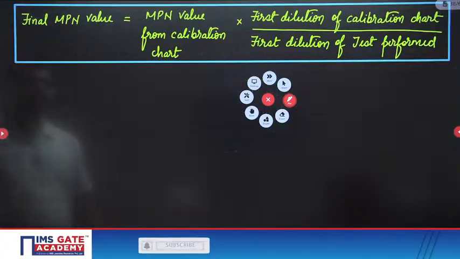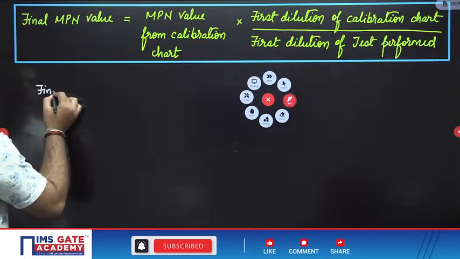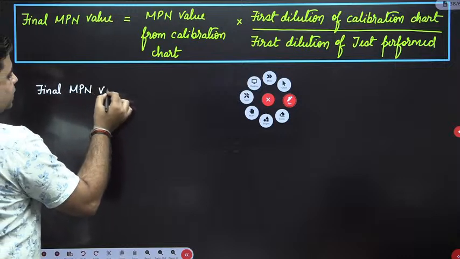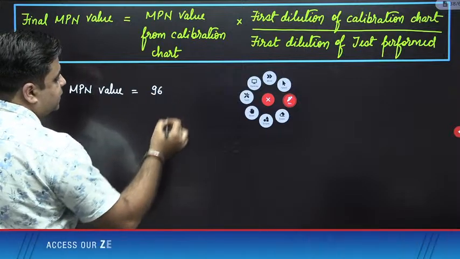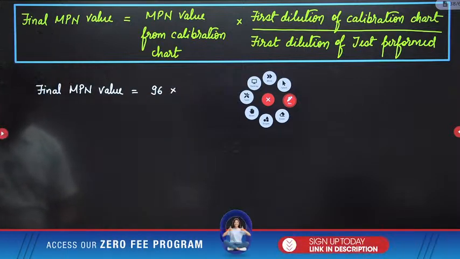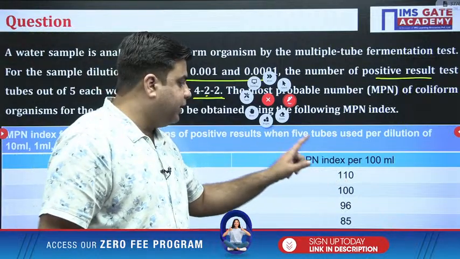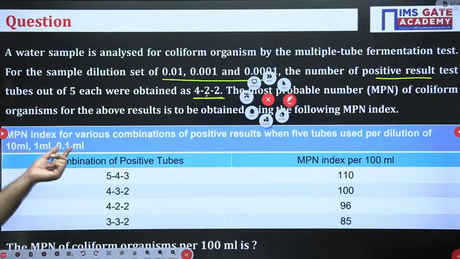So I will simply write down, final MPN value is equal to the MPN value from the calibration chart, which is 96, multiplied by, now come to the dilution of this calibration chart. The dilution of this calibration chart is 10 ml, 1 ml and 0.1 ml.